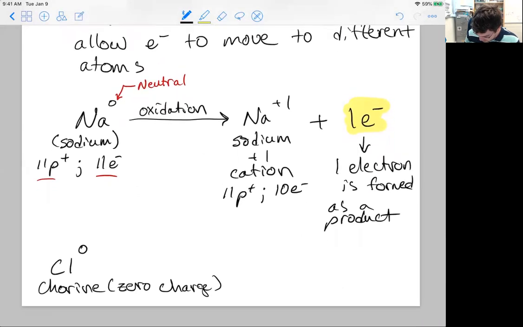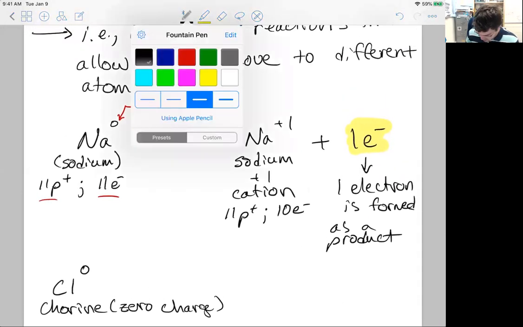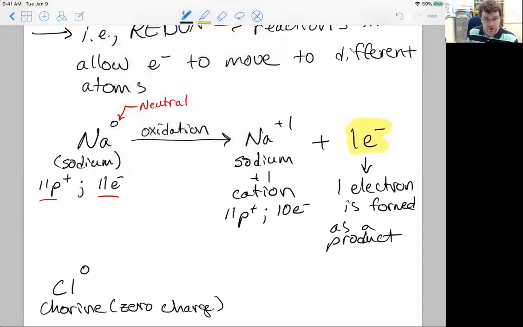Chlorine with a 0 charge has, if we look, 17 protons, because chlorine always has 17 protons. And with a 0 charge, we have a balance of protons and electrons. So we have a balanced number of 17 electrons.